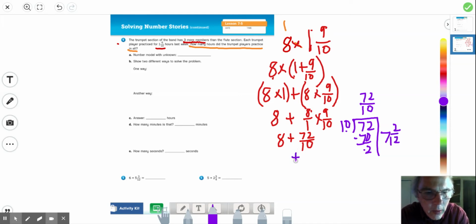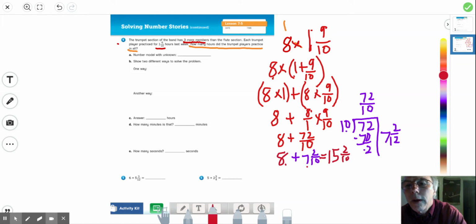So 8 plus 7 and 2 tenths is going to be how many hours that the whole section practiced in all. And so altogether, it's going to be 8 plus 7 is 15, 15 and 2 tenths hours.